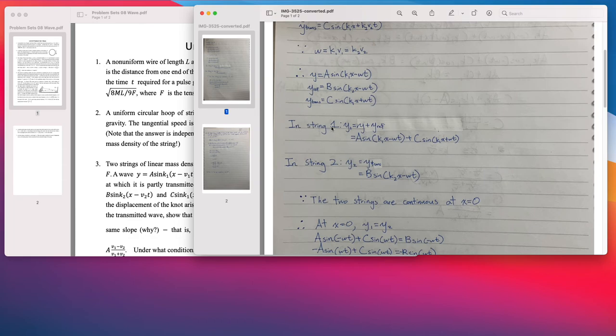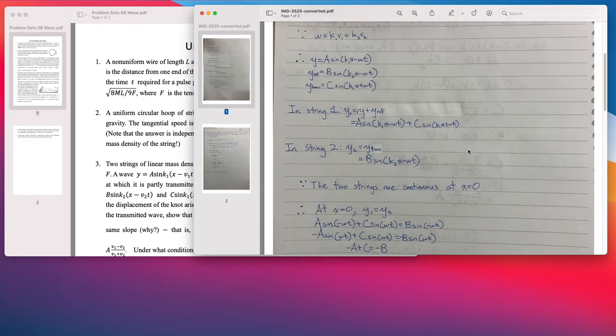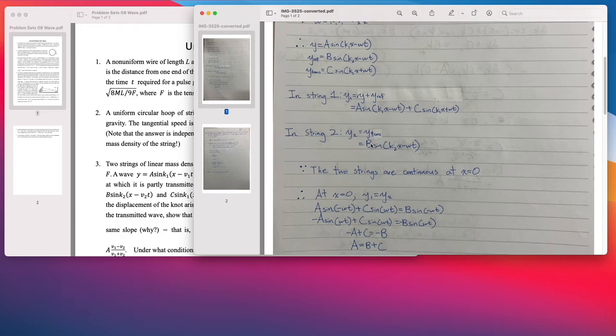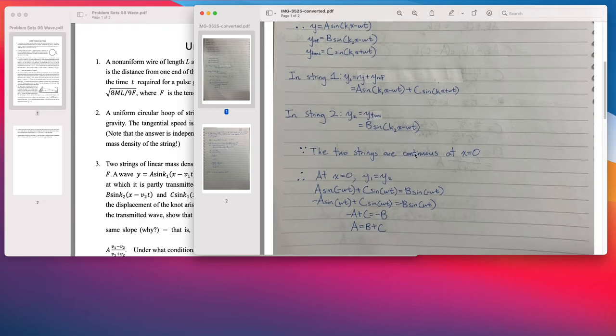In string 1, the wave y1 is equal to the original wave y and the reflected wave yref. And after writing out the equation, we get this. In string 2, the wave y2 is equal to the transmitted wave, and we get the expression here.